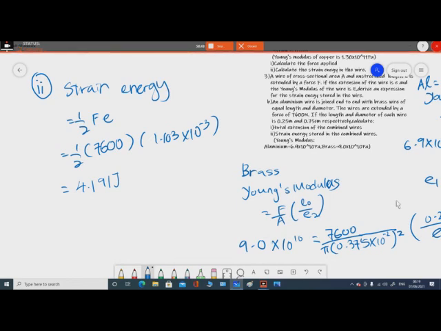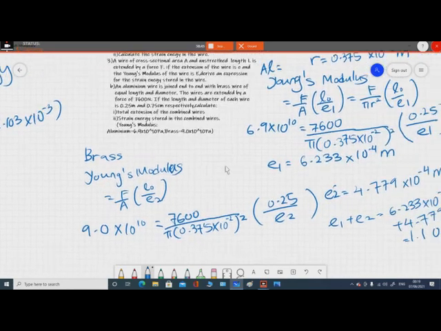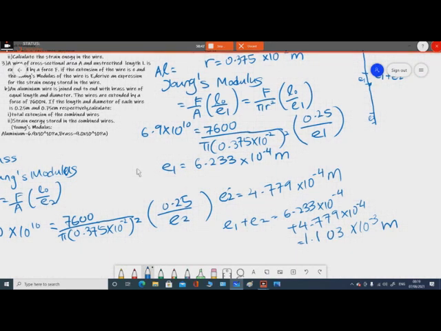Let me recheck again. 6.233 for E1 and 4.779 for E2.